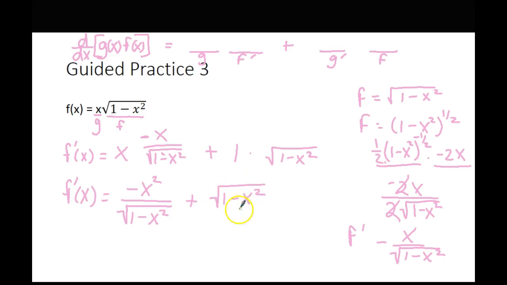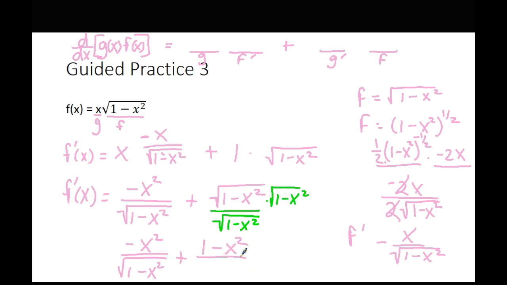So I'm going to multiply this side by this denominator in the bottom. Whatever you do to the bottom, you have to do the top. So now I have to multiply the top by that as well. And that's rather convenient because notice that we're multiplying that square root by itself. If you remember your algebra, the square roots are just going to cancel out, and I'm left with just the 1 minus x squared, no more square root.